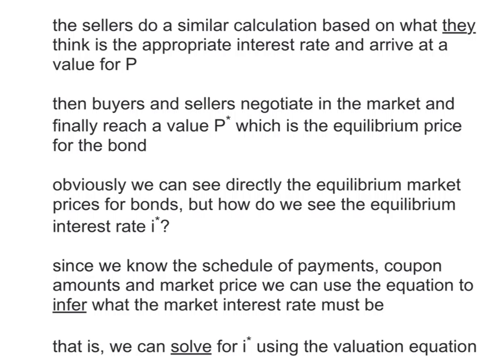So what you've got is a situation where the buyers and sellers of a bond get together, they negotiate, they arrive at some consensus agreed upon trading price, P star. The star normally means equilibrium here, just like in demand and supply.